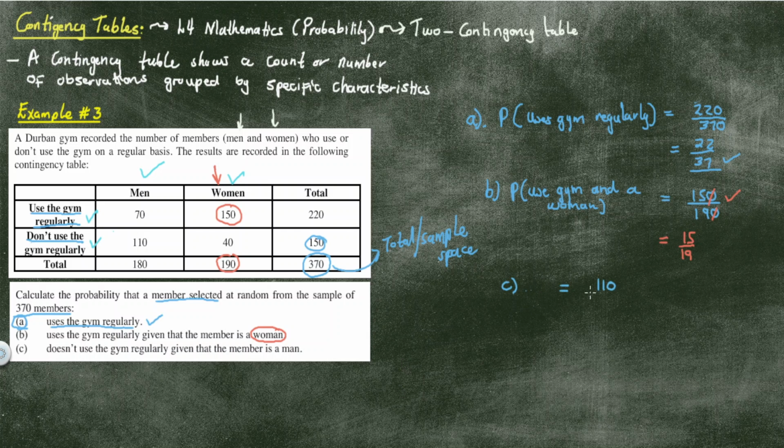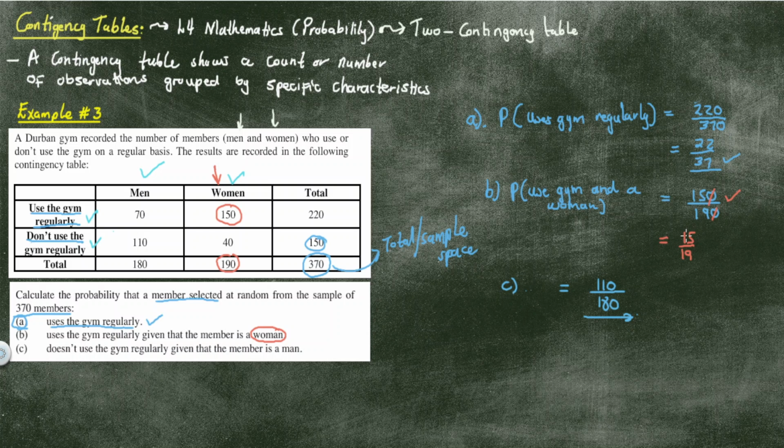So the question either comes in the form of calculating the probability with respect to the whole sample or the whole population of your survey, or they might ask you to calculate the probability of a specific category.